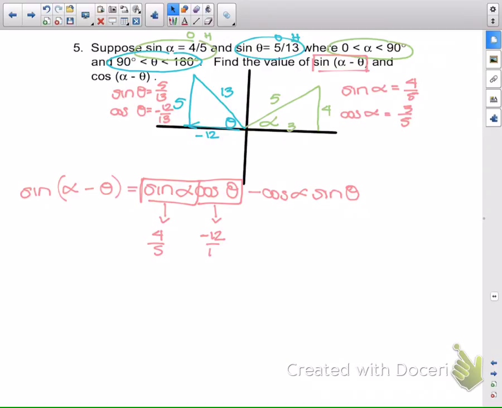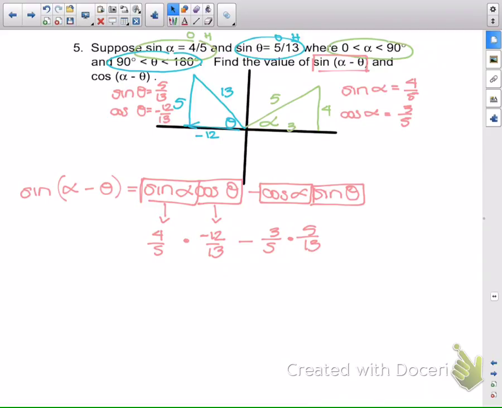Negative 12 over 13, and I'm going to multiply those two because they're sitting next to each other. Continuing down that long road here, I got cosine of alpha. What is cosine of alpha? 3 over 5. And times sine of theta. What's sine of theta?